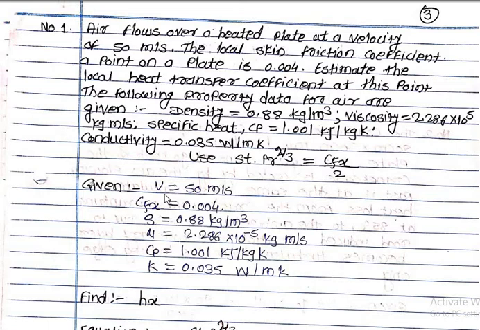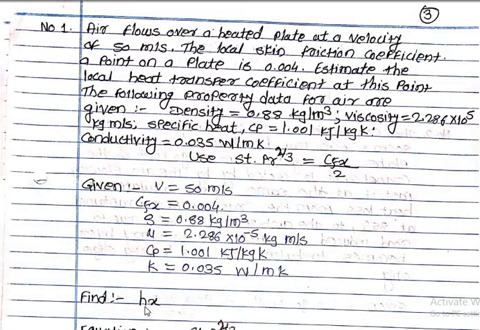So the given data is: velocity is equal to 50 meter per second, C_fx, the local skin friction coefficient, is 0.004, density is 0.88 kg per meter cube, dynamic viscosity is 2.286 into 10 raised to minus 5 kg per meter second, specific heat is 1.001 kilojoule per kg Kelvin, and thermal conductivity of the air is 0.035 watt per meter Kelvin.